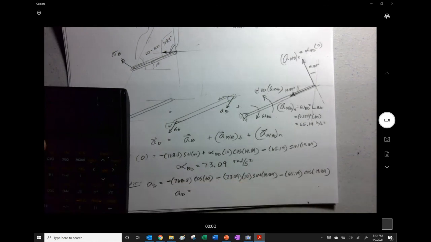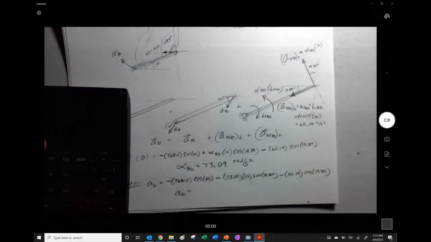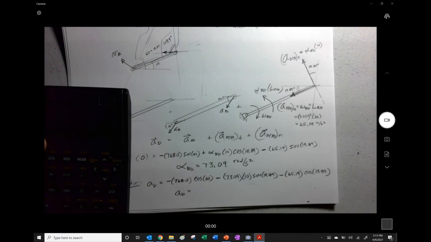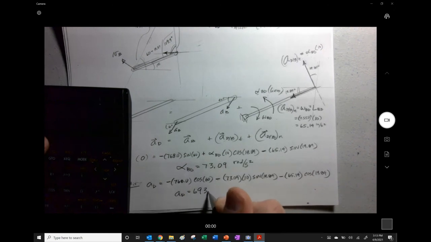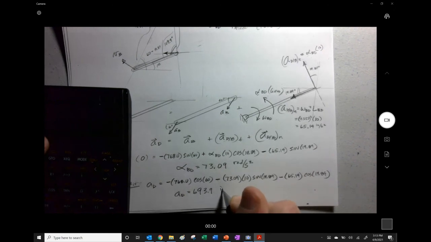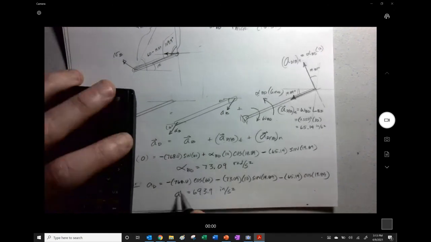Flip that over, multiply that by 10, take the 19.89 and the sine times, boom, and we can put those together. And lastly, 65.14, but we're only taking the 19.89 cosine of that times, we're going to add it together, and I get 693.9 inches per second squared.